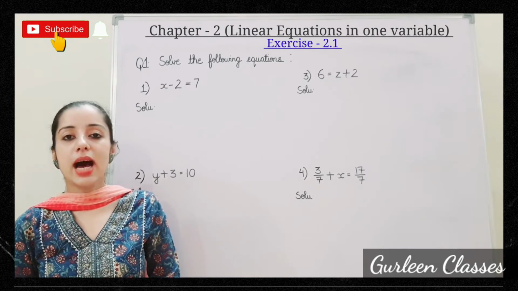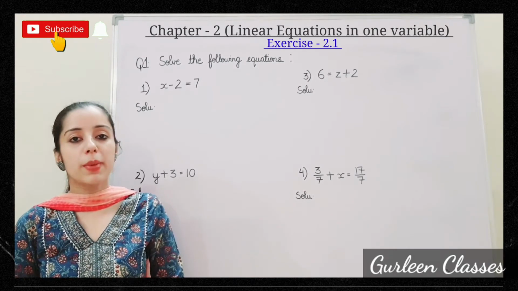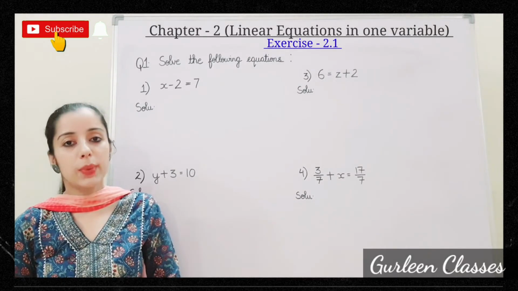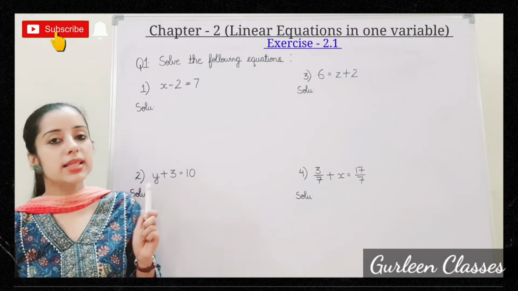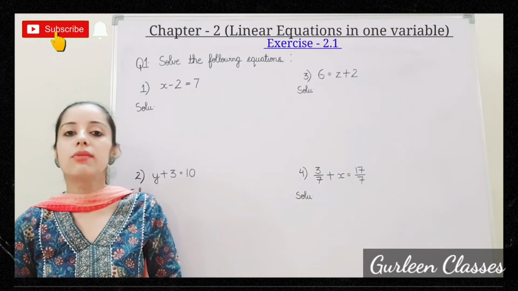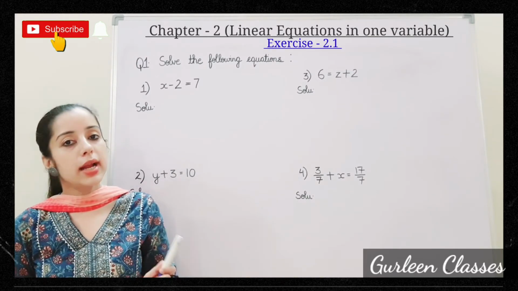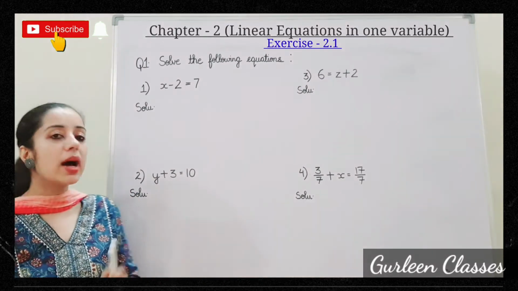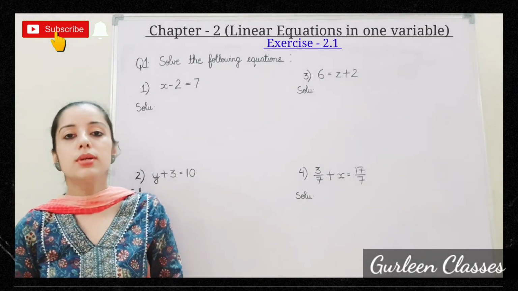So now let us start with exercise 2.1 from the Maths NCERT book. Question number 1. Solve the following equations. We can solve these equations by any of the two methods, balancing method or transposing method. So let us solve through transposing method. First part, x minus 2 is equal to 7.